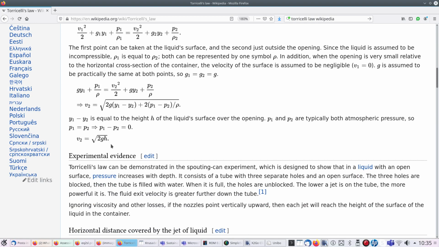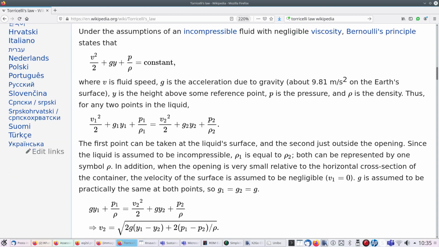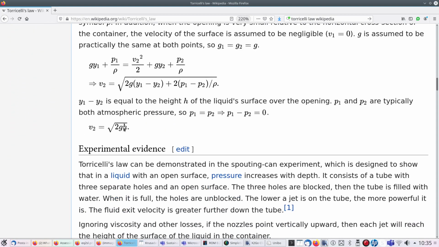Here it is. Okay, I think you can see it. This is Torricelli's law, and Torricelli's law relates the velocity of the flow from a hole in a tank to the water level in the tank.